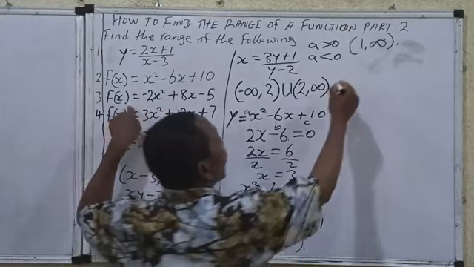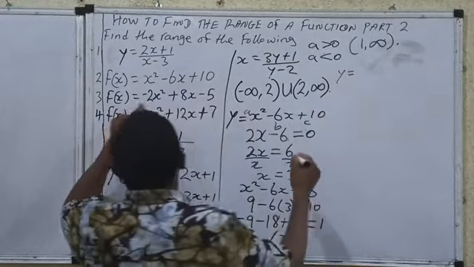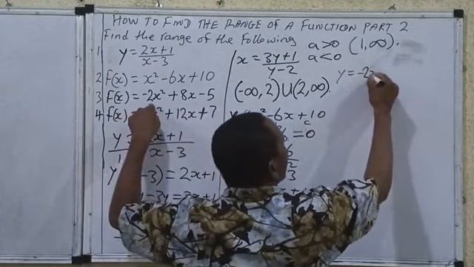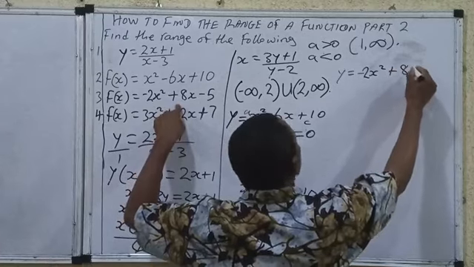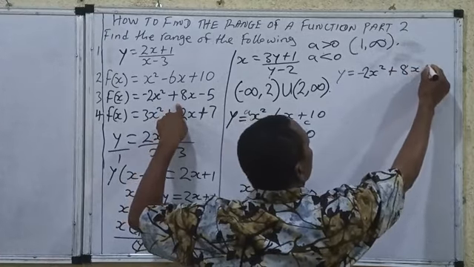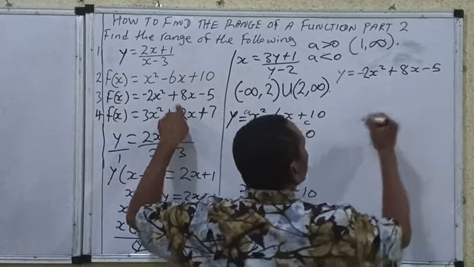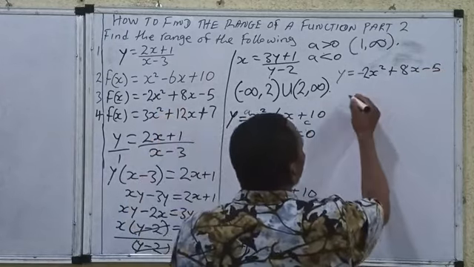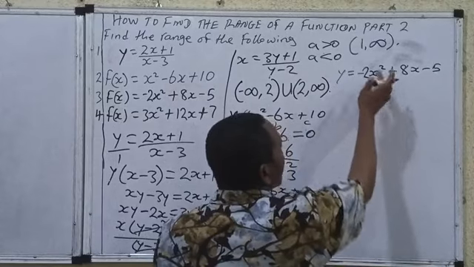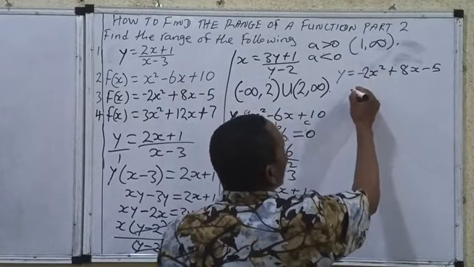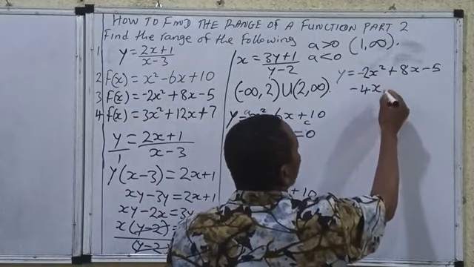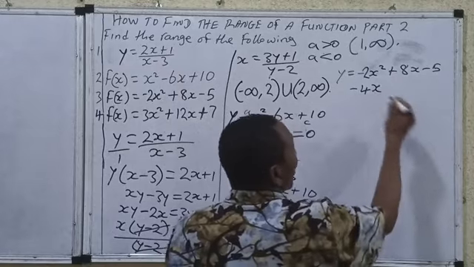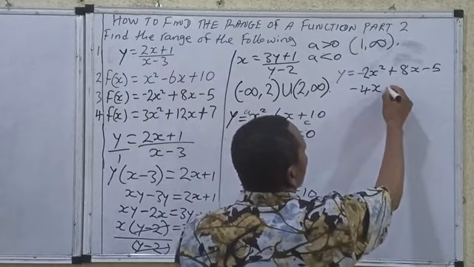second equation. Now, y is equal to minus 2x squared plus 8x minus 5. As we did before, just differentiate it. If you differentiate it, you use minus 2 to multiply the 2, you have minus 4. Now, if you subtract 1 from the power, you have minus 4x raised to the power 1, which is the same thing as minus 4x.